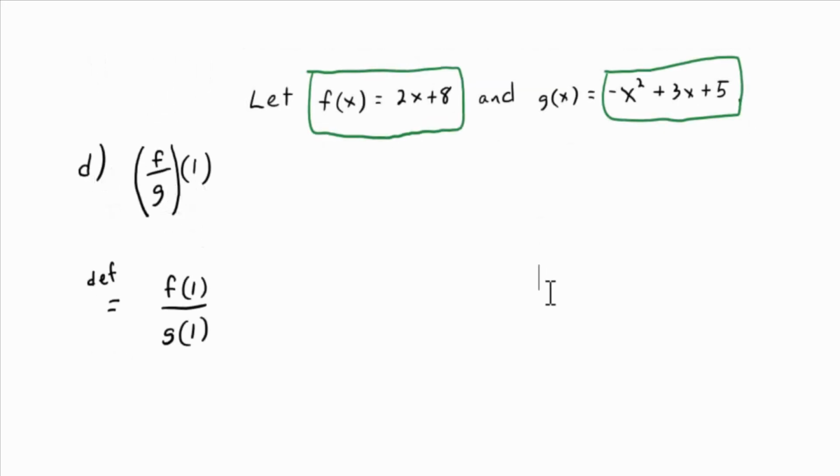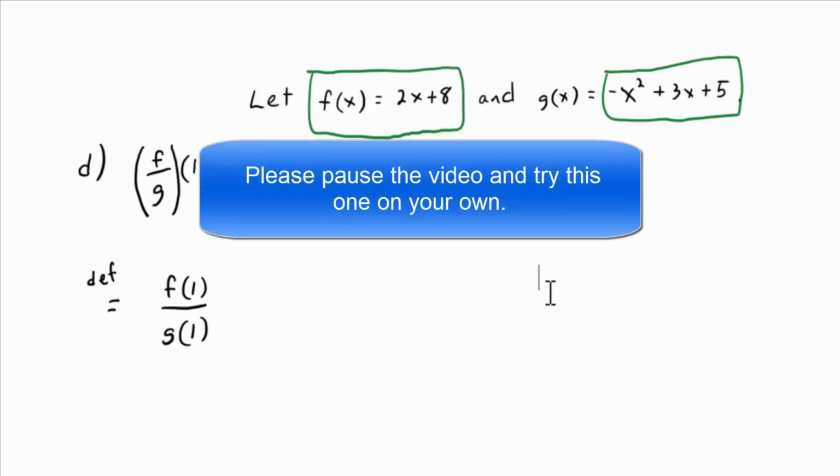So see if you can find f of 1 divided by g of 1. What do you have to do first? You have to evaluate f of 1 and then g of 1, right? And then create that ratio. Tell me what you get. So if you're not following, just find f of 1 first.